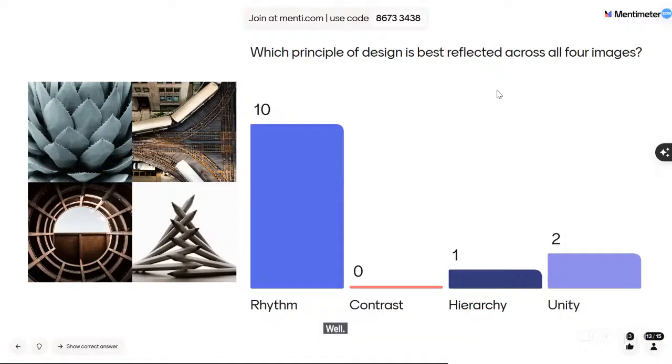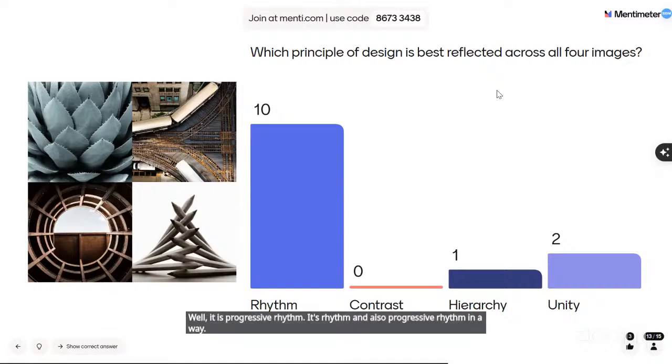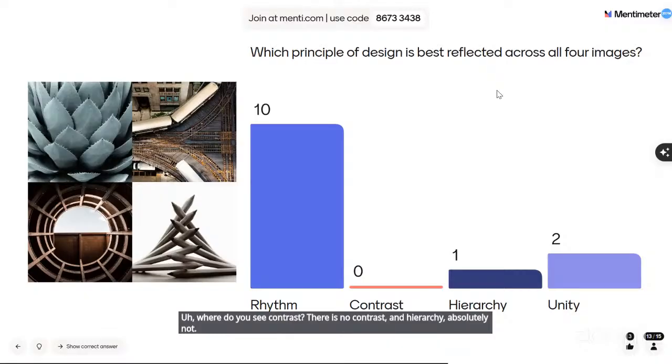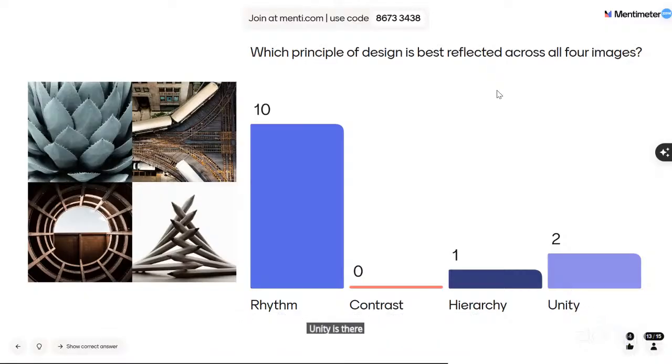Well, it is progressive rhythm. It's rhythm and also progressive rhythm in a way. Where do you see contrast? There is no contrast, and hierarchy, absolutely not. Unity is there, no doubt, but that is caused by rhythm. It's a unified composition because of the rhythm.